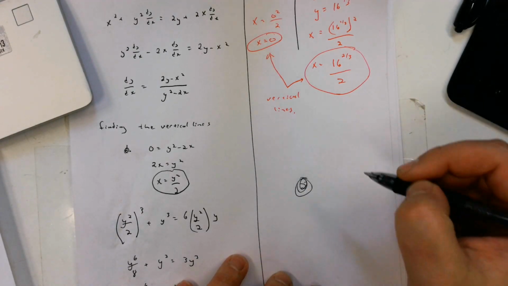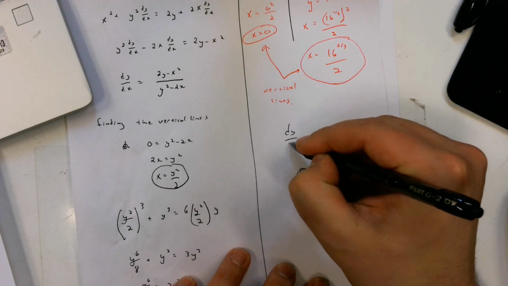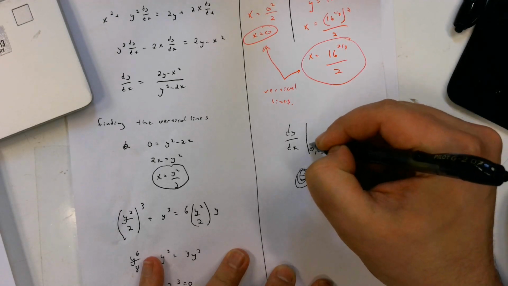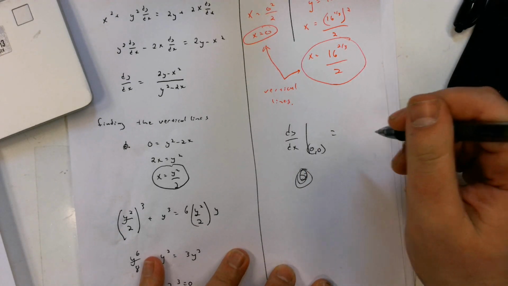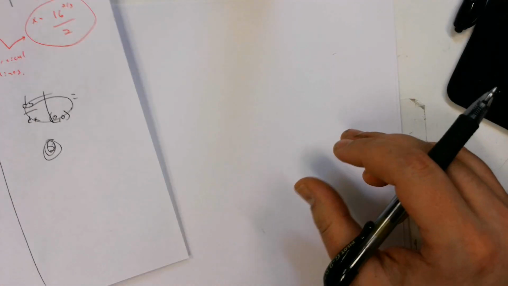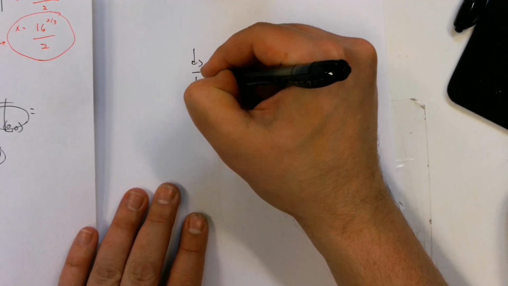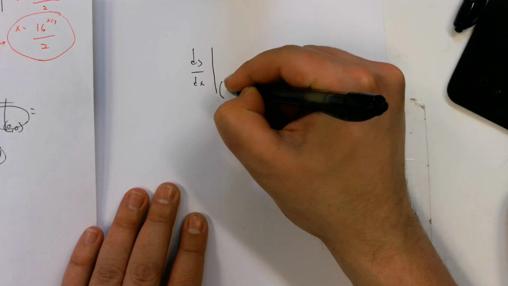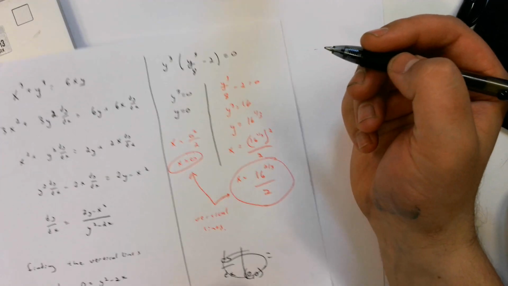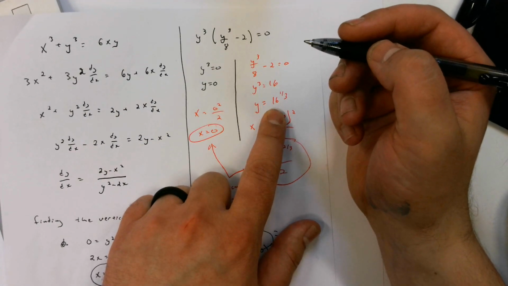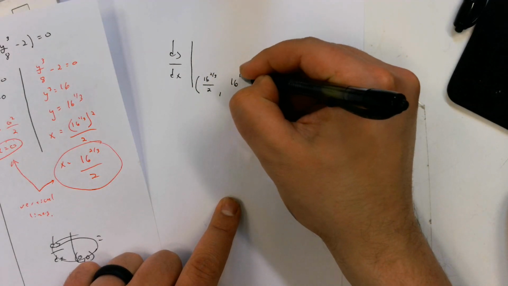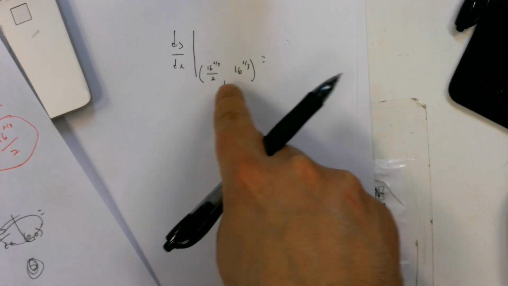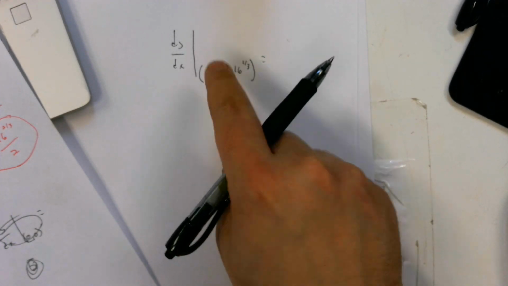Please note, in this case, dy/dx evaluated at, excuse me, a better example for this specific problem, dy/dx evaluated at 16 to the 2/3 over 2, comma, 16 to the 1/3 is equal to. Let's just see what happens when I plug this coordinate back into my derivative.